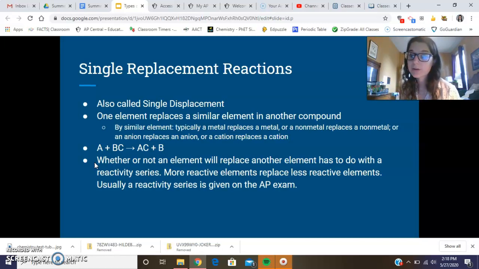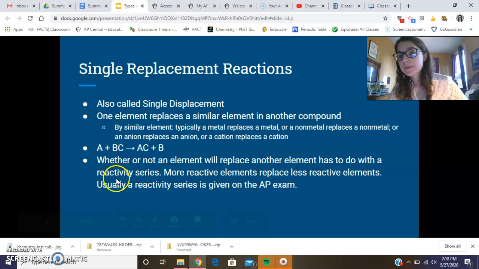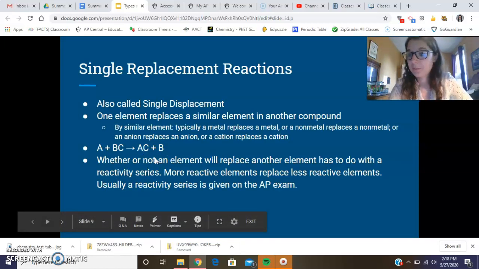So there is something called a reactivity series, which is a list of elements, and the more reactive are usually listed on top, less reactive on the bottom. But basically, the more reactive element can replace the less reactive element. If we have a less reactive element with a more reactive element that is in the compound, then a reaction would not occur. With those problems, a reactivity series would be given on the AP exam for you to decide if a reaction would occur or not.